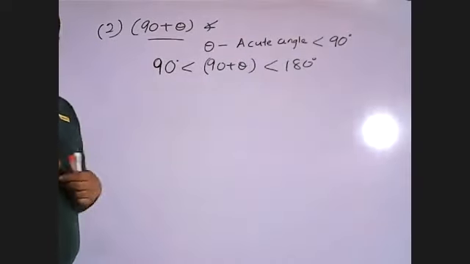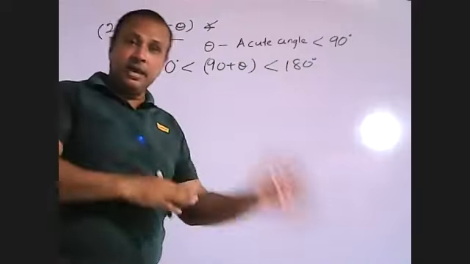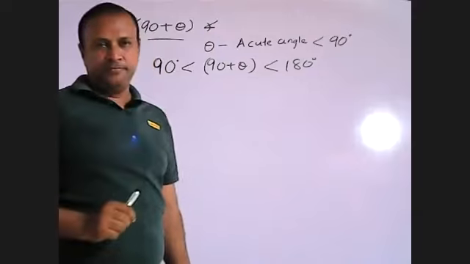Therefore, 90 plus theta represents any angle between 90 and 180. That is the most important thing.